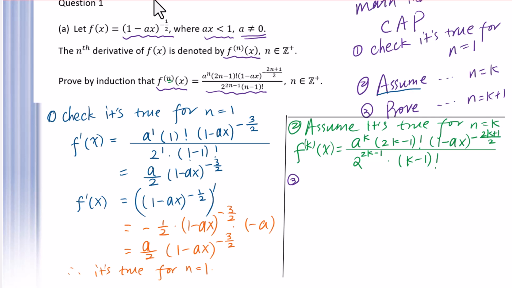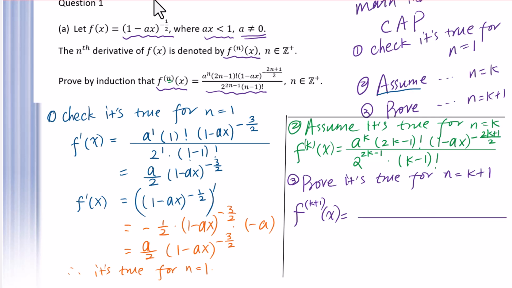Third step, prove it's true for n equals k plus 1. We will change every single n into k plus 1. We got the (k plus 1)th derivative of f of x equals, every single n you will change into k plus 1, a to the power of k plus 1 times.